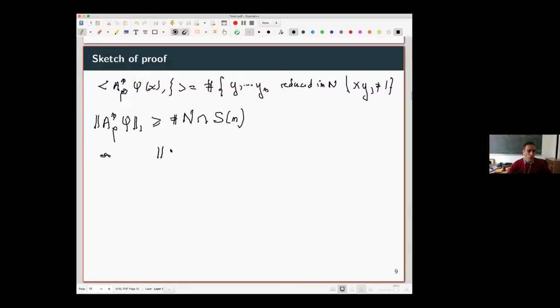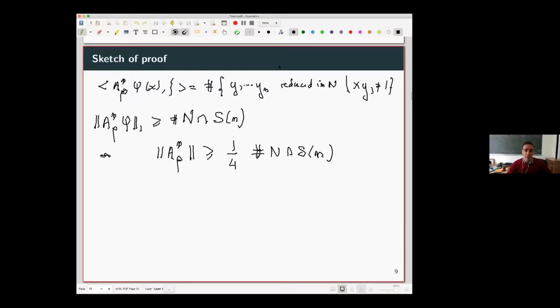So if you want to estimate the operator norm, that will give you something like this: the operator norm is bigger than 1/4 the cardinality of N intersected with the ball of radius n.